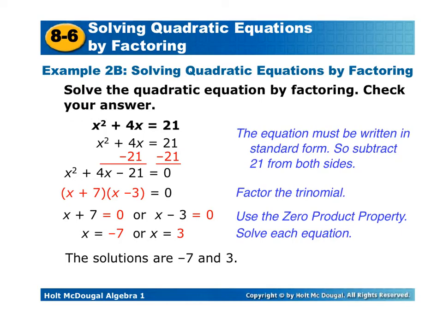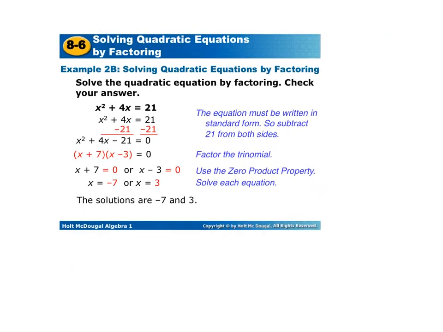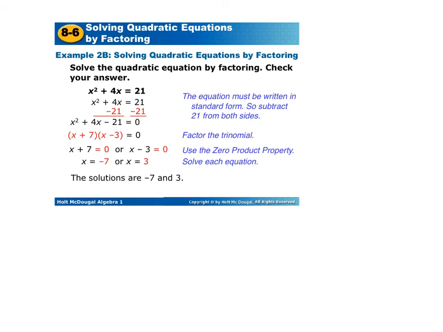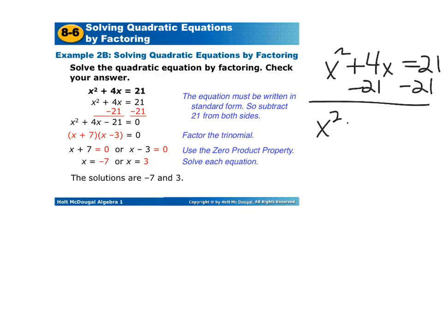We need to make it equal 0 and put the 21 over on the other side. So I have x squared plus 4x equals 21. I need to move the 21 to the other side. And now I can begin my process.